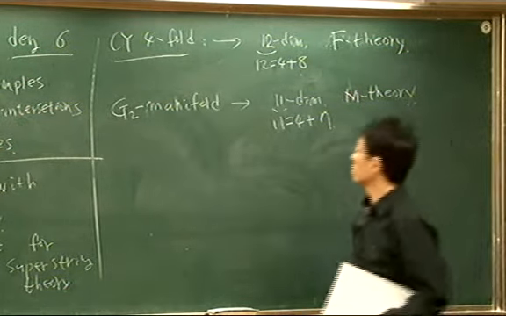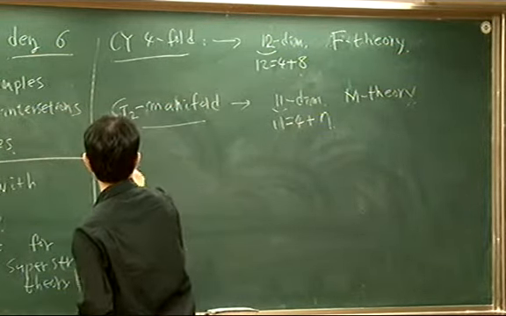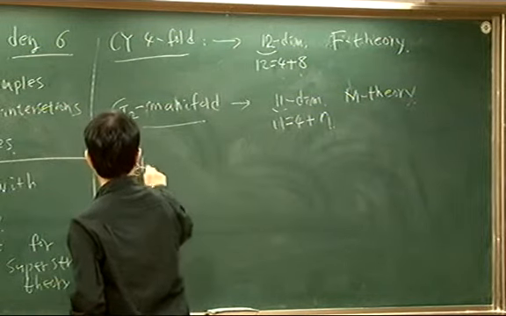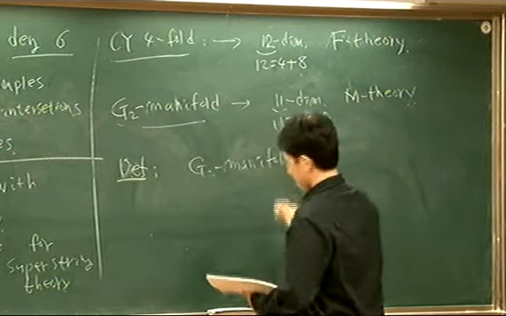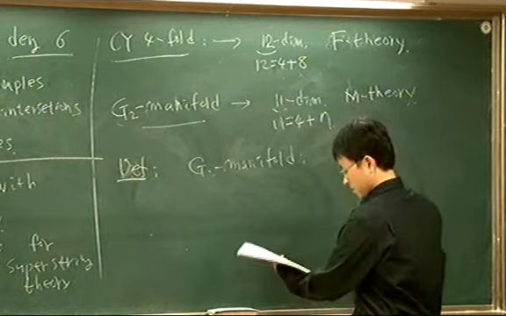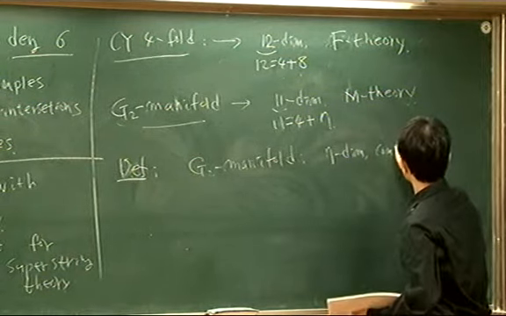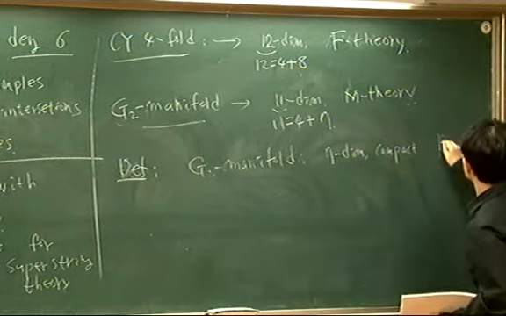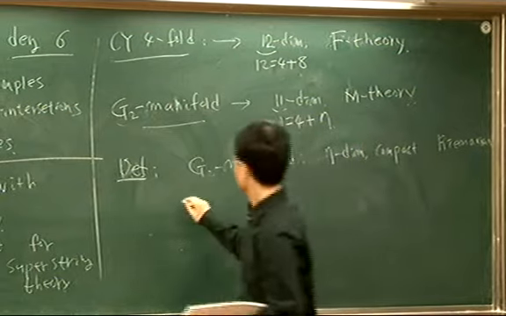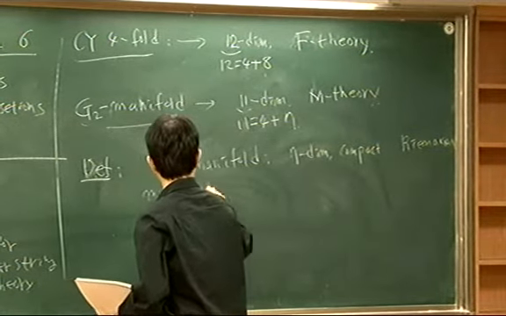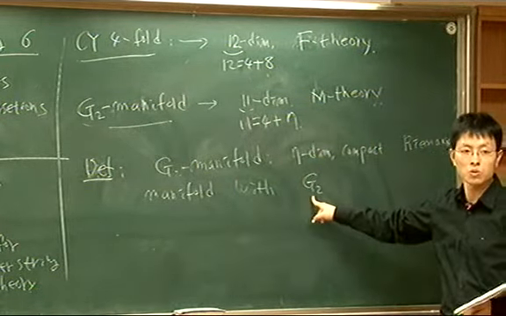So this is a real manifold. Let me define the G2 manifold. The definition: a 7-dimensional compact Riemannian manifold with holonomy in the Lie group called G2.